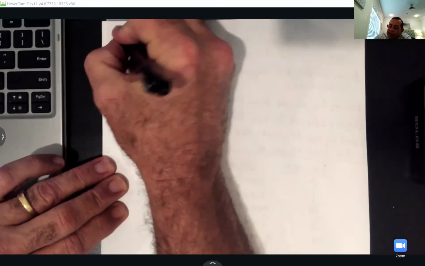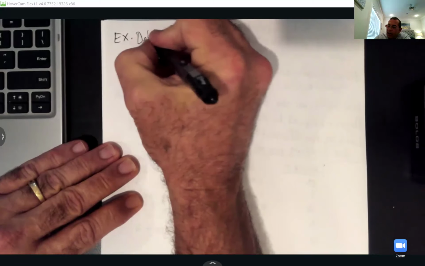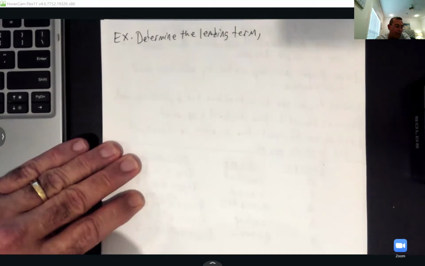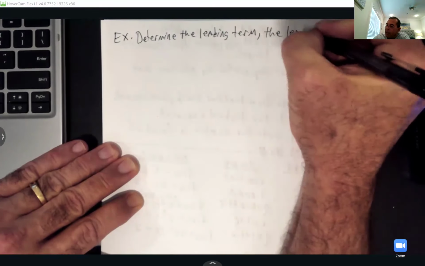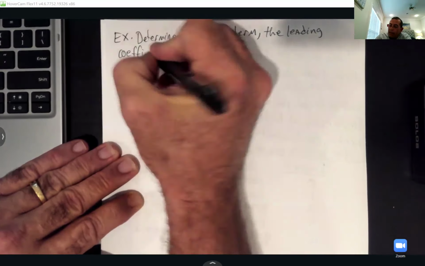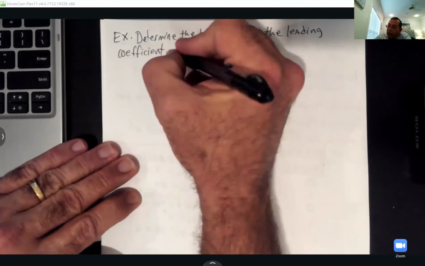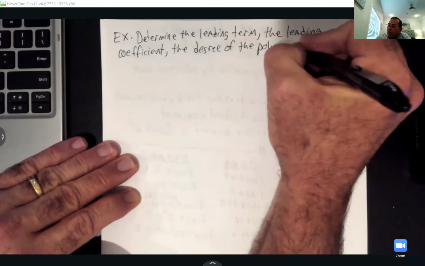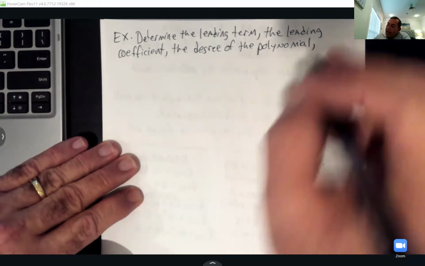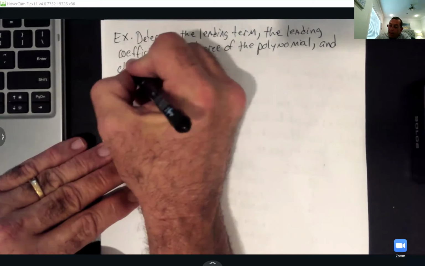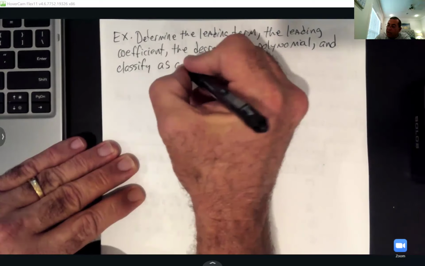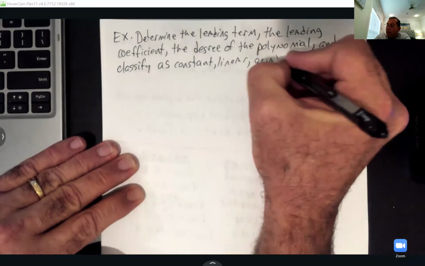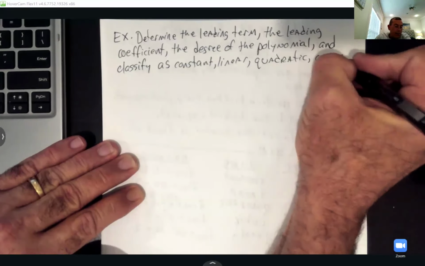So for these examples I'm about to do, we're going to determine the leading term, the leading coefficient, the degree of the polynomial, and classify as constant, linear, quadratic, cubic, or quartic.